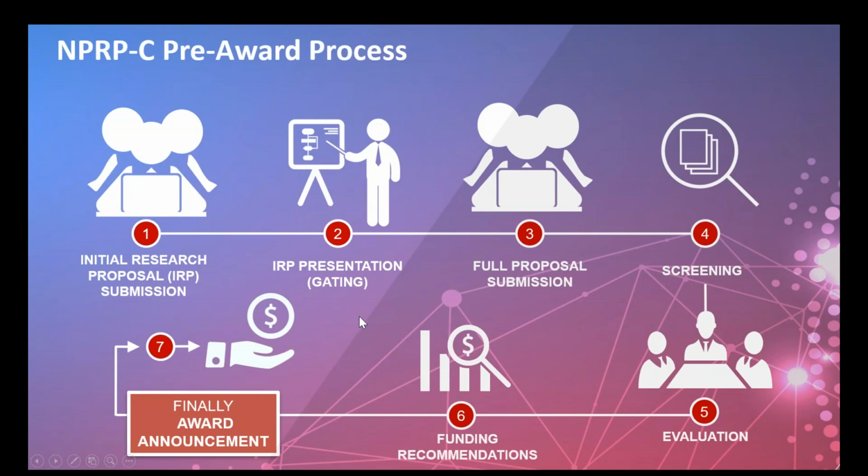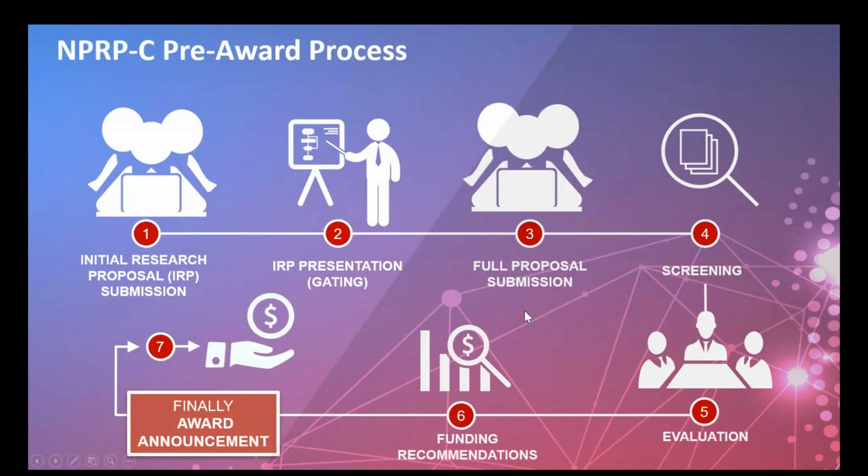And the panel will decide if these IRPs will go to the second stage of submitting a full proposal or not. For the proposals that were recommended by the panel to go to the second stage, we will inform the project director accordingly. We'll open the channel for them to submit the proposal, and we'll give them a timeline for that.